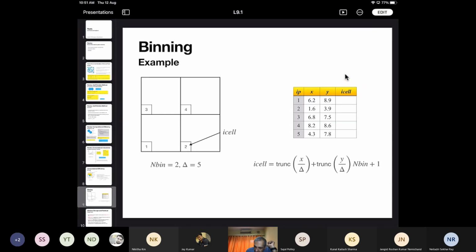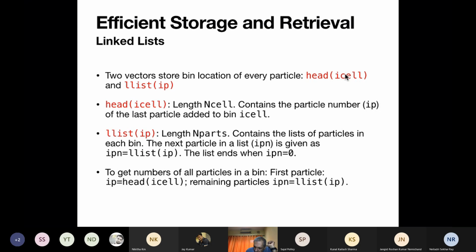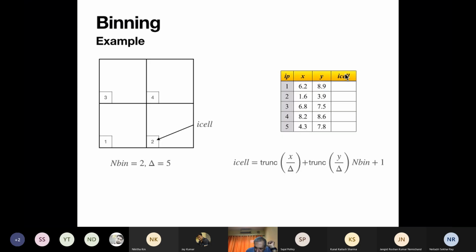They are square bins, so each of these dimensions is just delta, and that delta is 5.